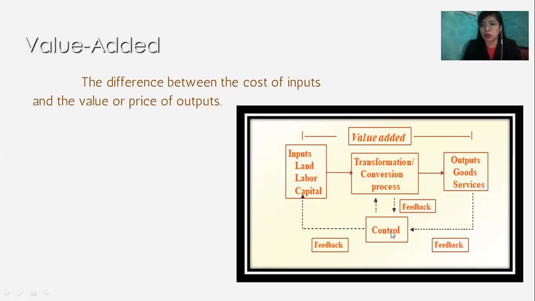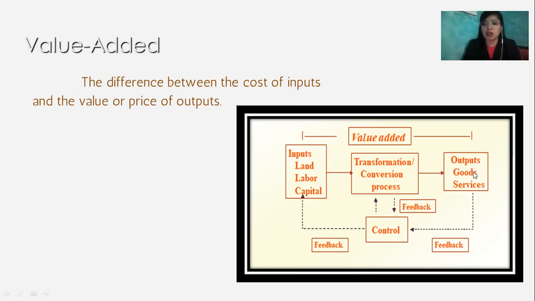For the controlling, all the information or the feedback from the outputs of the goods and services will be used as a transformation tool or conversion tool in order to reprocess the input, in order to have additional value. So value added is having features added to a basic line or model for which the buyer is prepared to pay extra.